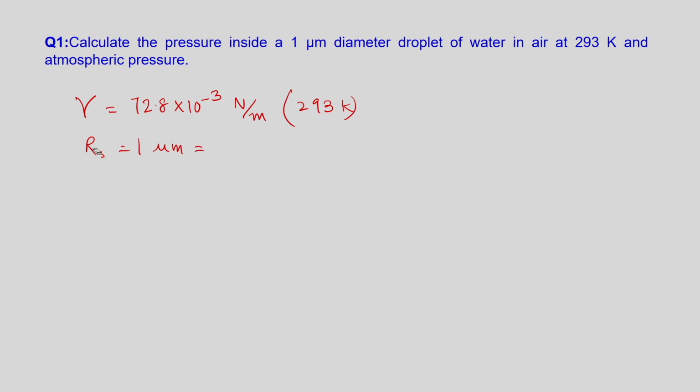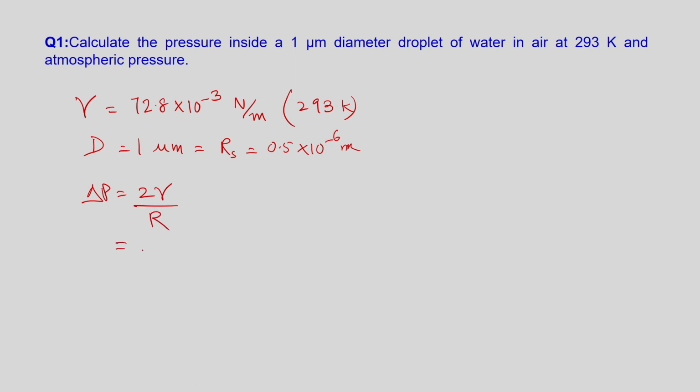So, this is the diameter given. So, you have the radius equal to 0.5 into 10 to the power of minus 6 meter. Okay. So, you got the gamma, you got the radius. Now, you put all these values, because delta p we know is 2 gamma upon r in case of a sphere.